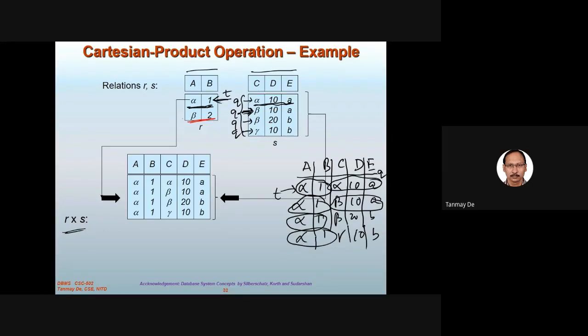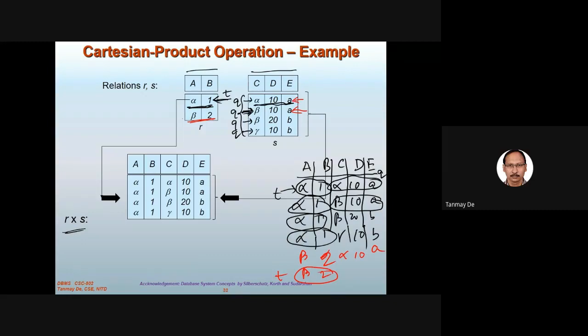What is the second row of relation R? Beta 2, combined with each of the rows. That is, the first row is the Q here, alpha 10A. Then consider this as a Q. So beta 2 is a T, this is T basically.